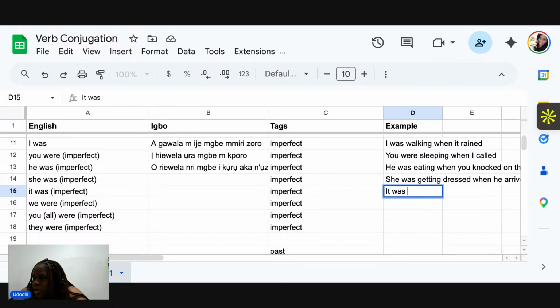Let me see the examples that this thing gave.